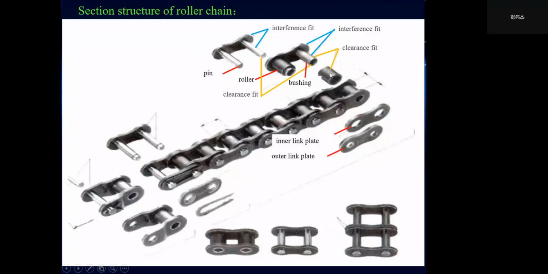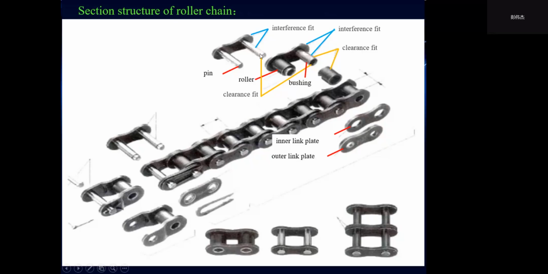The roller and bushing are slip-fitted, so there is clearance fit between roller and bushing.